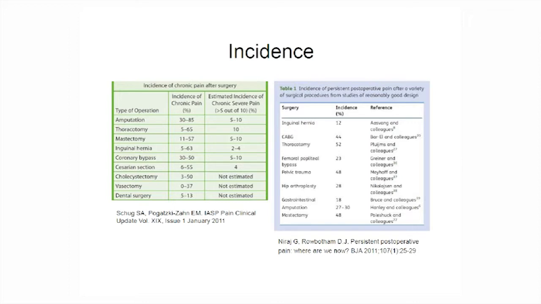But there's a very high incidence you can see with things like knee and hip replacements, elective hernia repairs, and we're expected to do a lot more breast cancer surgery, a very high incidence, up to in some cases 50% or more of patients who have persistent pain after mastectomy. And that's not even including the radiotherapy and the chemotherapy that they may receive afterwards.